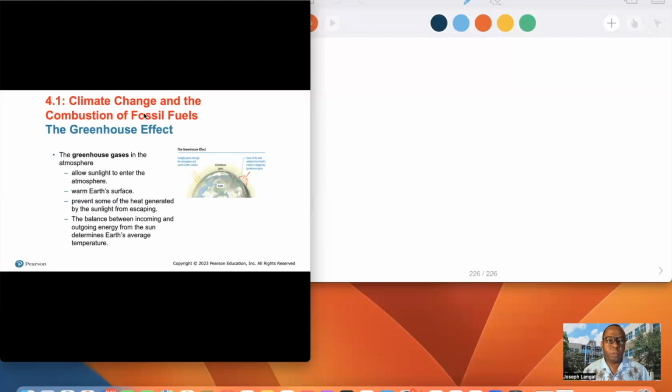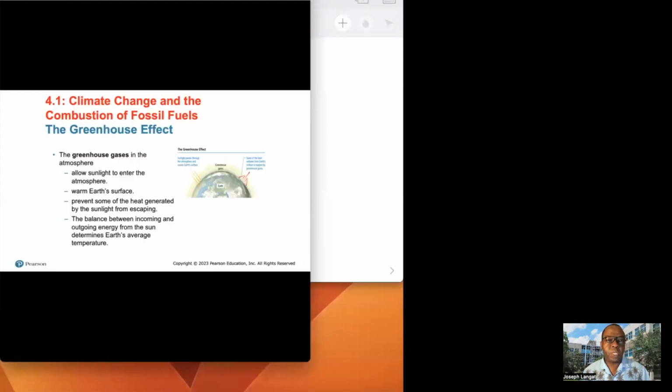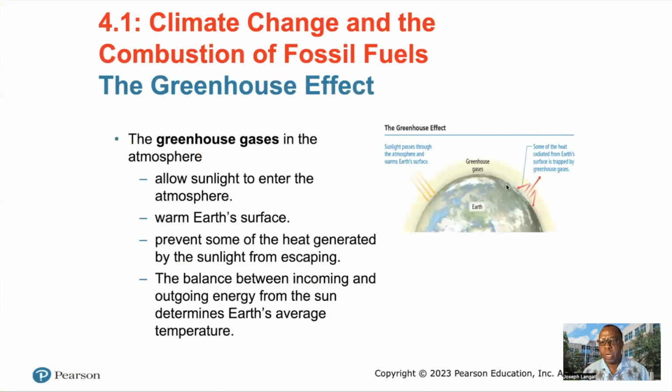Climate change has to do with the concentration of carbon dioxide in the atmosphere. Maybe I can blow this up to full screen so that you can see the diagram representing the Earth and greenhouse gases.